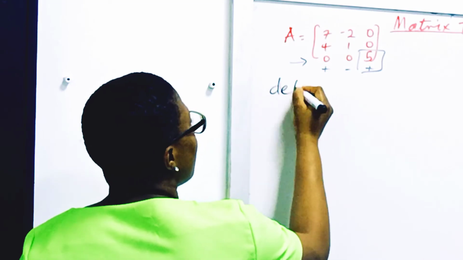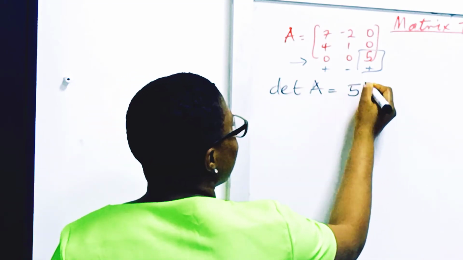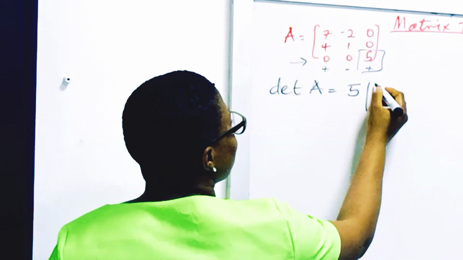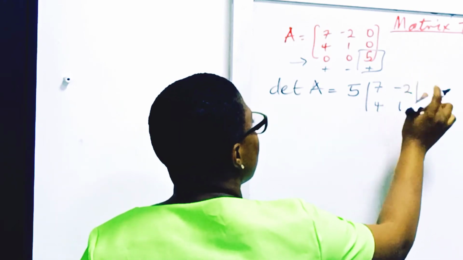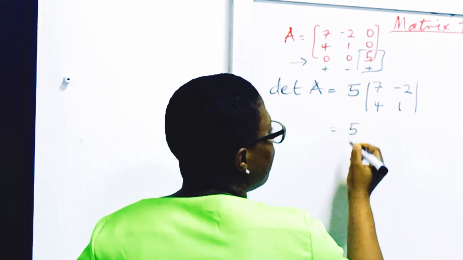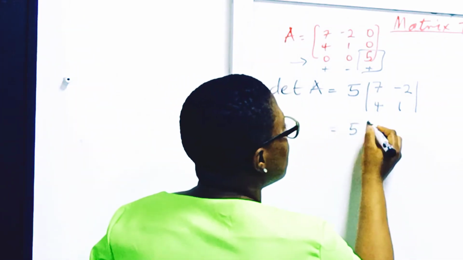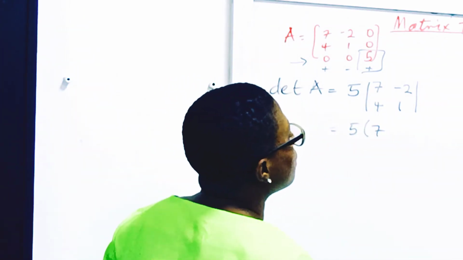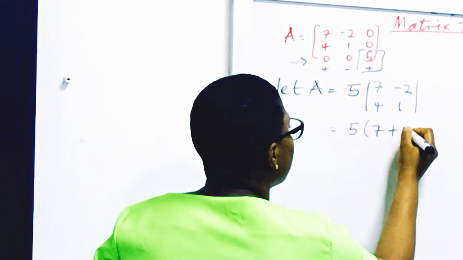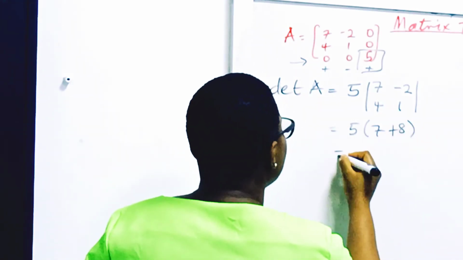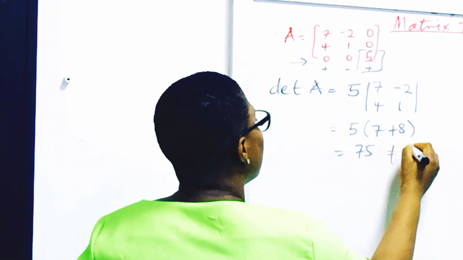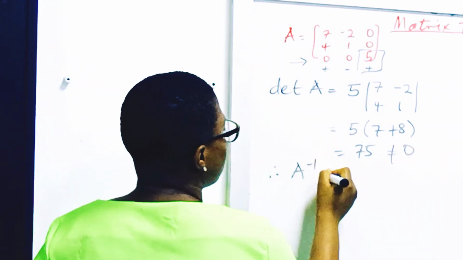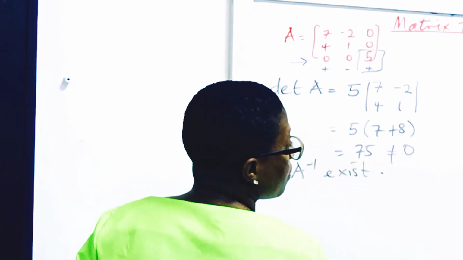We have determinant of A is equal to 5 times this whole place, 7 minus 2 for 1, the determinant of this. 7 times 1, 7, minus 2 times 4 plus 8, 15, 75, which is not 0. Therefore, A is invertible.